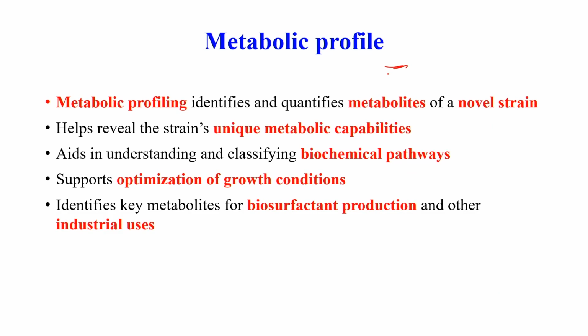Next, one can also go for metabolic profile, which identifies and quantifies the metabolites of a novel strain. This helps to reveal the strain's unique metabolic capability. In fact, it enables the understanding and classifying the biochemical pathway which a particular microbe is going to follow.